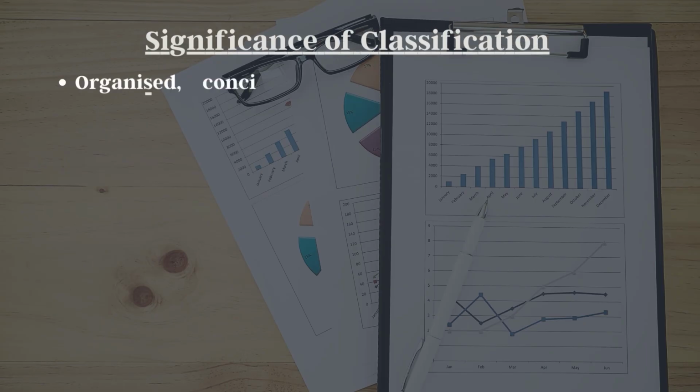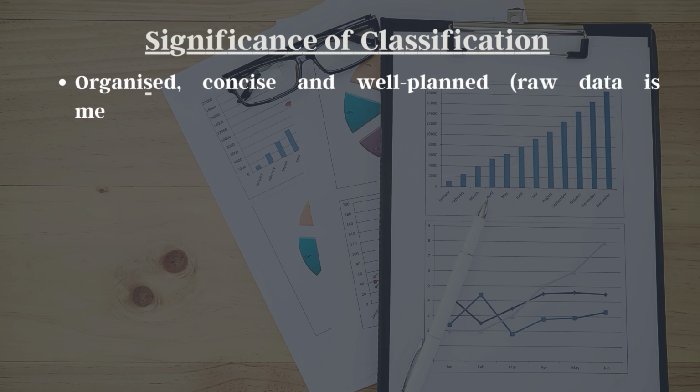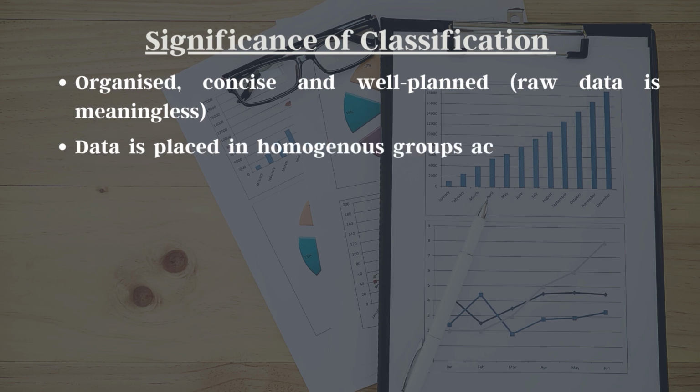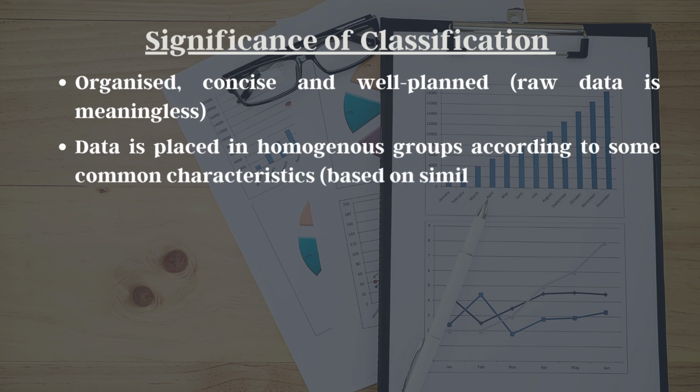The data becomes more organized, concise, and well planned, because the information that is collected, the raw data, is meaningless. In order to organize it meaningfully, we need to place it in homogeneous categories.